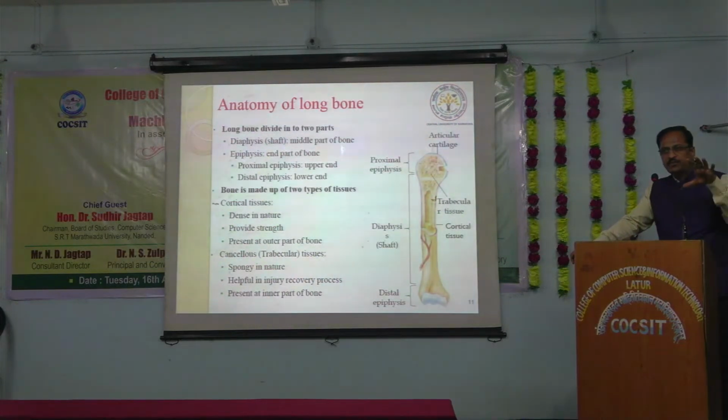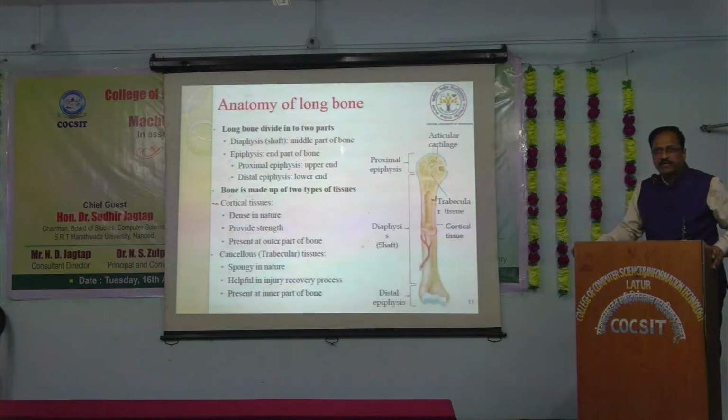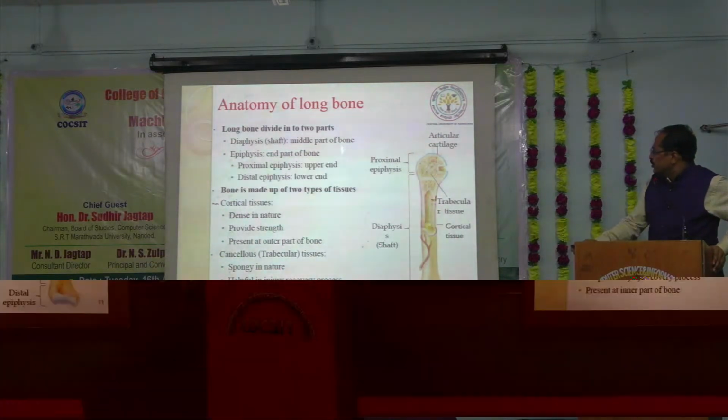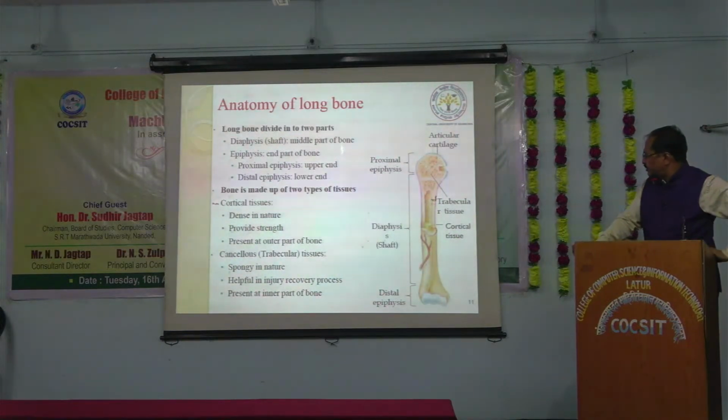Again, this bone is divided into different parts. You can see both the bones are divided into different parts. This bone is divided into 3 parts: one part is known as articular cartilage, then in the middle we have the diaphysis, and the lower part is called the distal epiphysis.